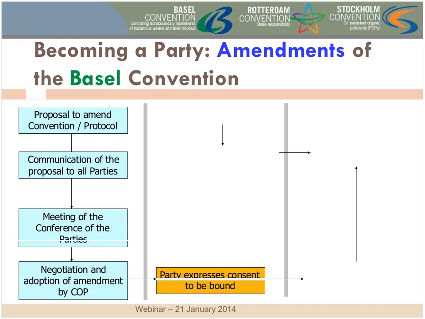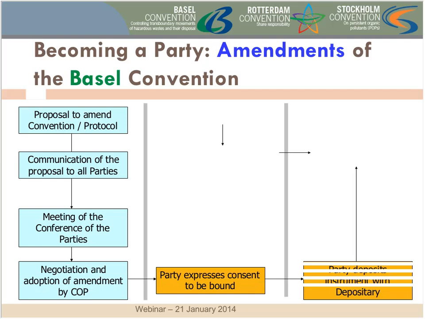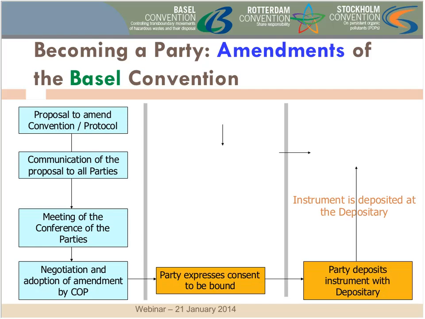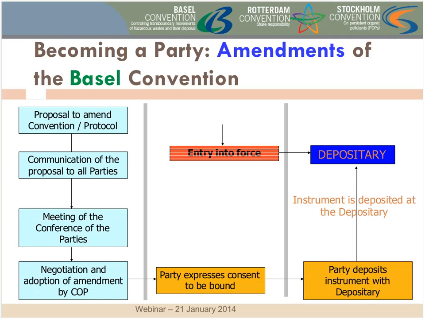After the adoption by the COP, the parties state whether they consent to be bound or not. There's a set period for doing so. And the party then deposits its instrument with the depository. And there again, you have the step of entry into force.